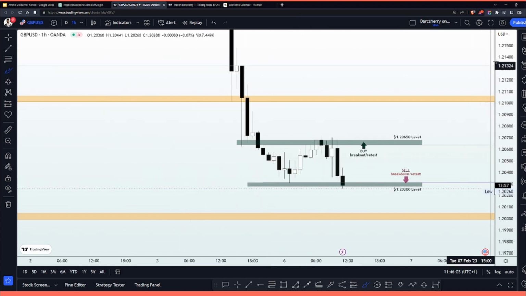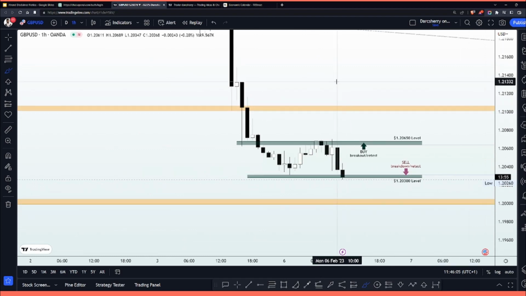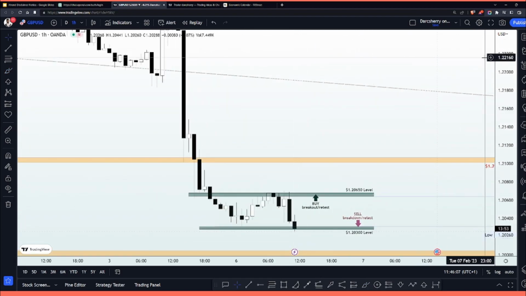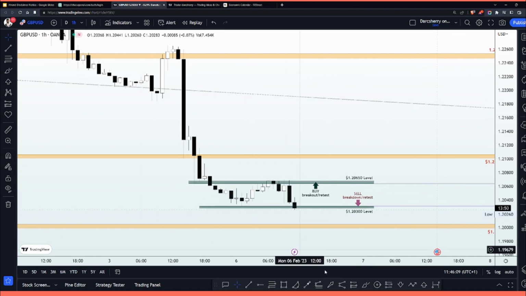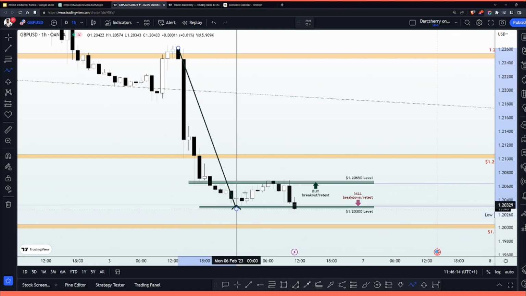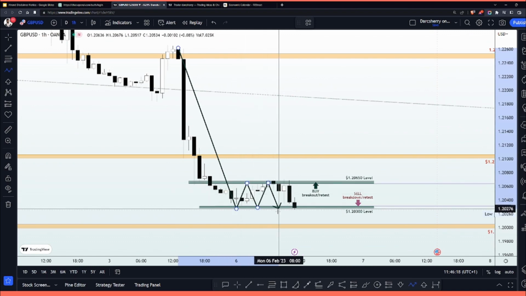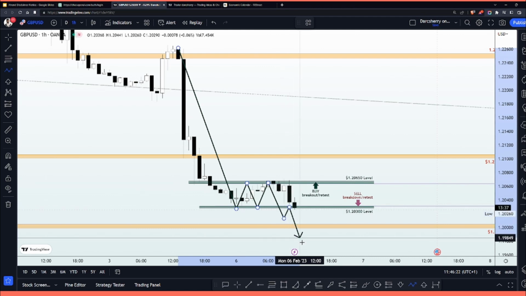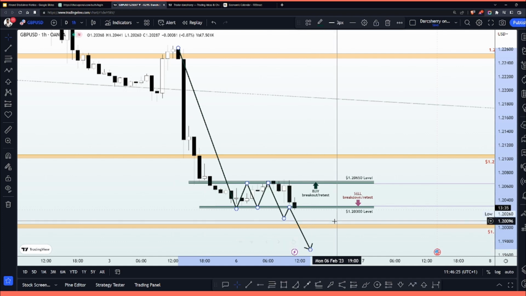So we have a beautiful flat channel at this point, and if we take into consideration the impulsive bearish leg that we had last week, this channel could transition into a trend continuation pattern in the form of a bearish rectangular pattern, where a breakdown of the 1.20300 level will incite a bearish momentum at this point.